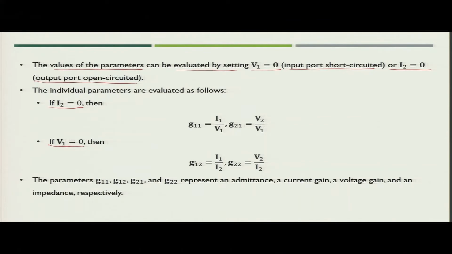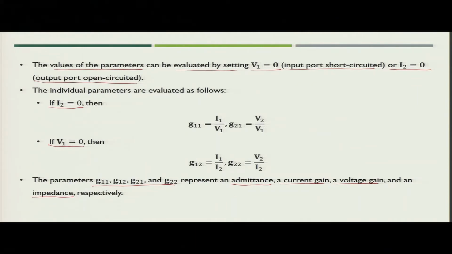If you now see the parameters G11, G12, G21 and G22, G11 will represent admittance, G12 will represent current gain, G21 will represent voltage gain, and G22 will represent impedance.